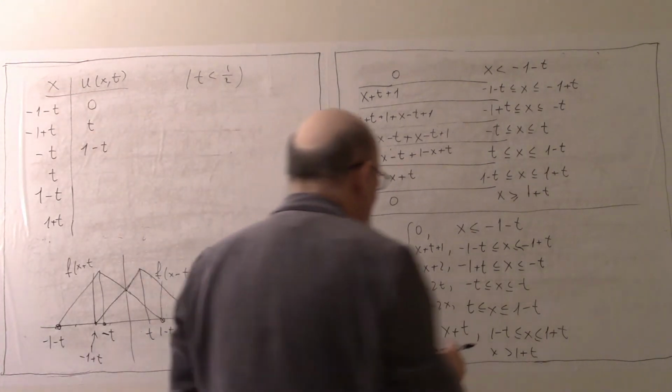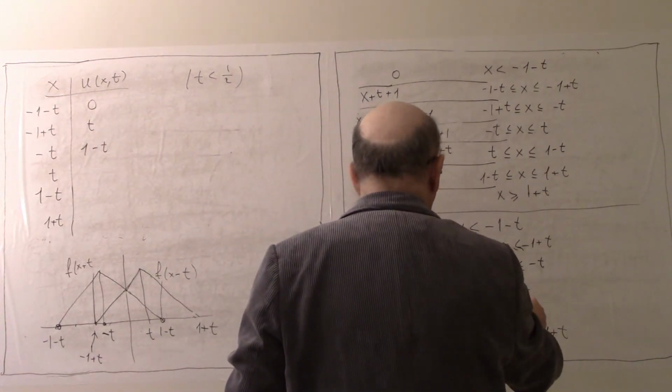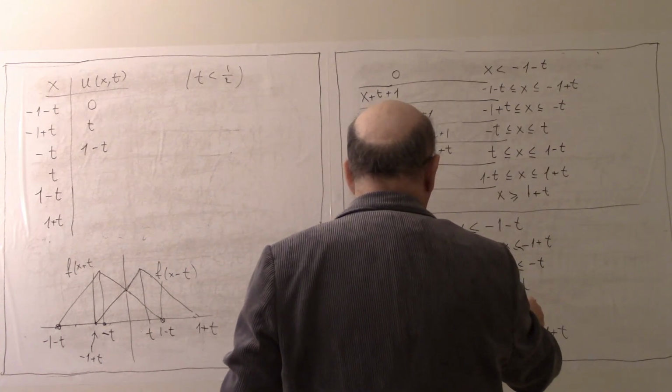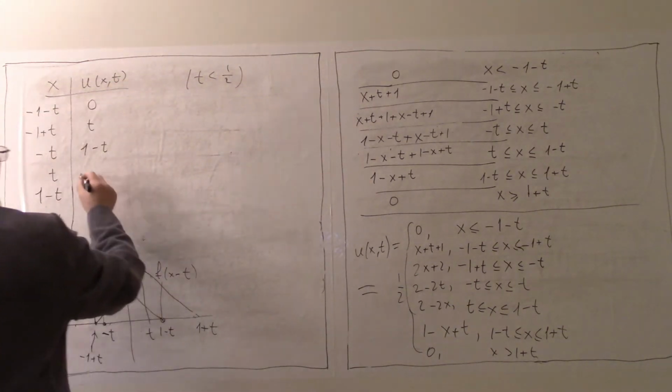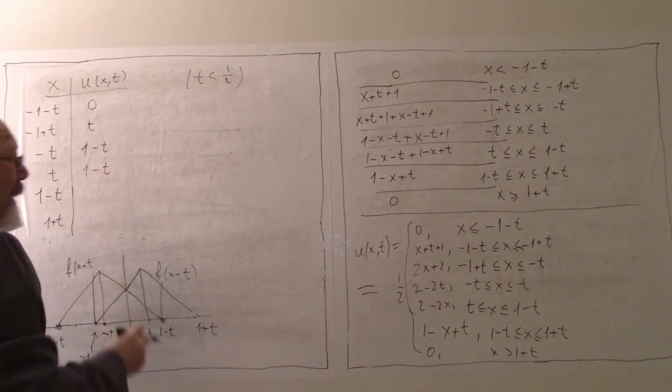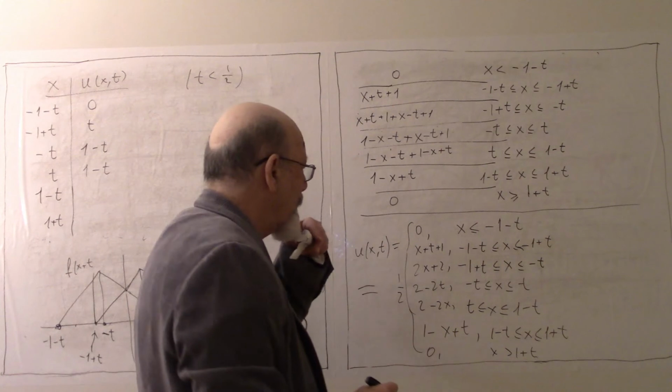At the point t, it is 2 minus 2t, yes, I have to multiply.